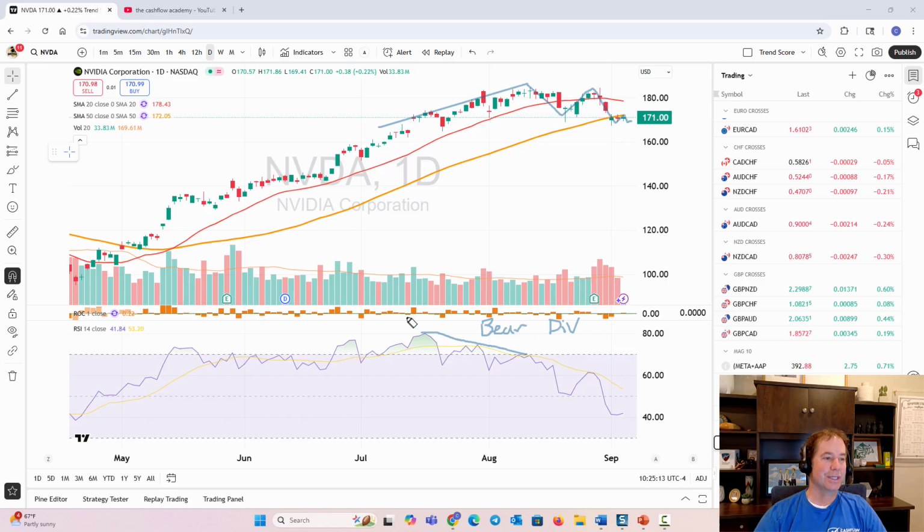So divergences are what we would call a leading indicator. They happen in advance and give you pre-warning that, hey, even though we're still going up here, it's time to be cautious, time to take profits, time to do some things that maybe you wouldn't otherwise be doing, but you know that you're starting to see some strong indicator divergences.